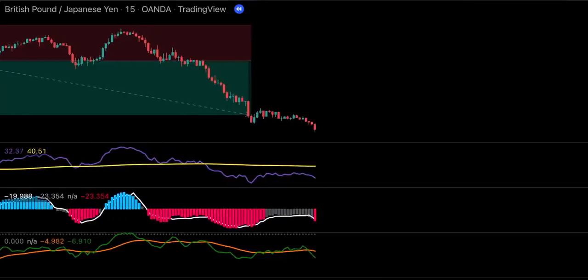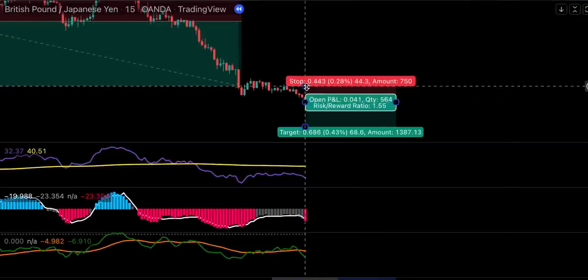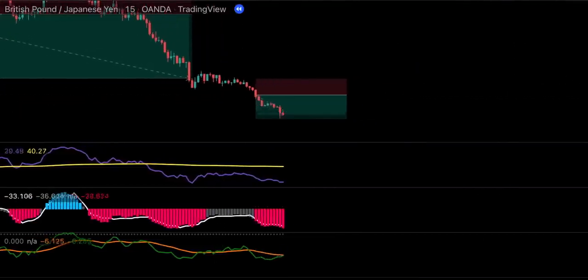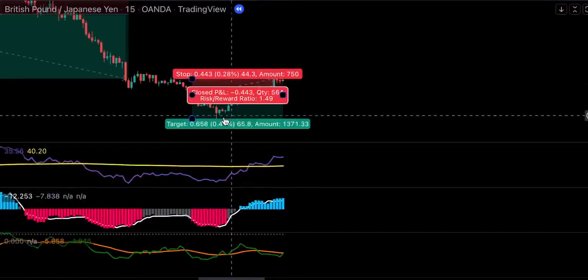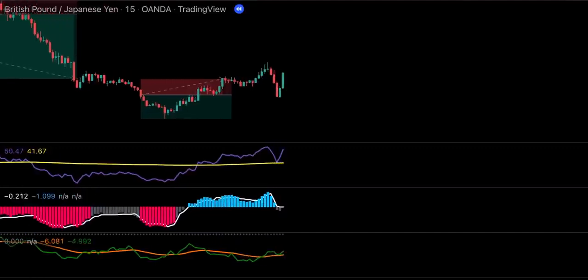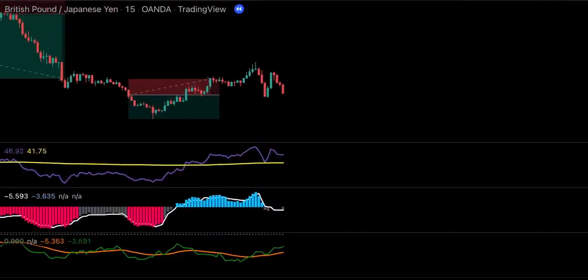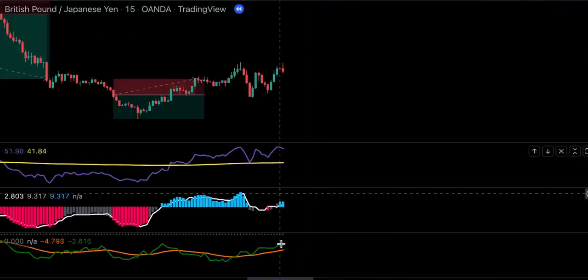So here we've got another valid short signal. We see this trade turned out to be a losing trade, even though we were really close to hitting that take profit target. This long signal is not confirmed by our volume indicator.